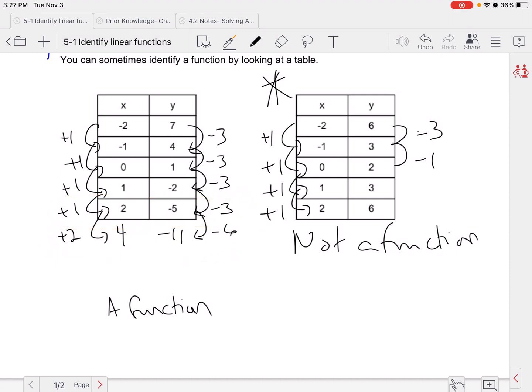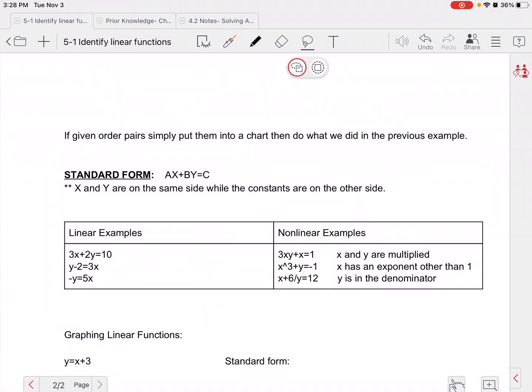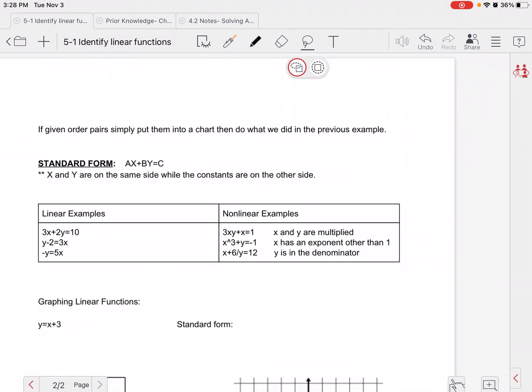If it reduces to the same number, that's okay. But here, 1 and -3 and 1 and -1 do not reduce to each other. That's how we know for sure it's not a function. Just for your information, if we're given ordered pairs, simply put them in a chart and then do what we did in the previous example. You can just look at the jumps between them.